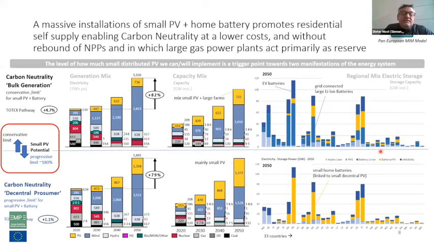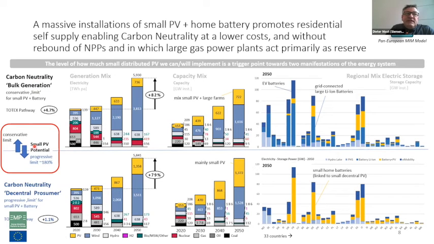And if we do this, something happens to the energy system. On the upper level here, you see the energy model which comes out of the conservative limit. On the lower row here, you see the energy system where we can implement more rooftop, small decentral PV. And what we first of all see in the bulk generation world, as I call it here, is that we're all heading for carbon neutrality.